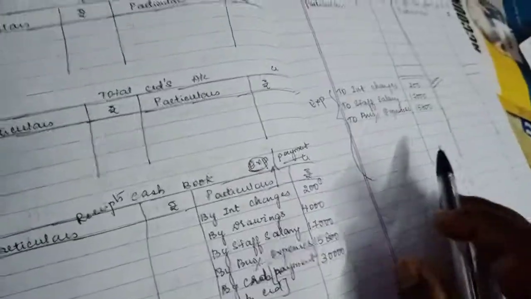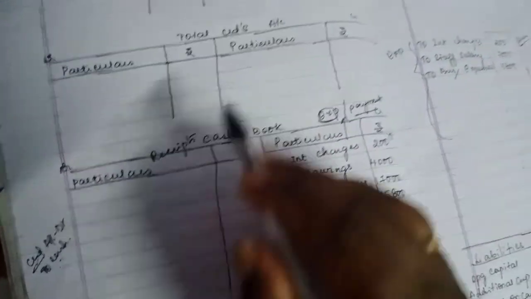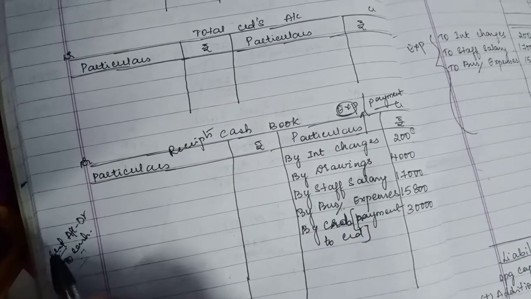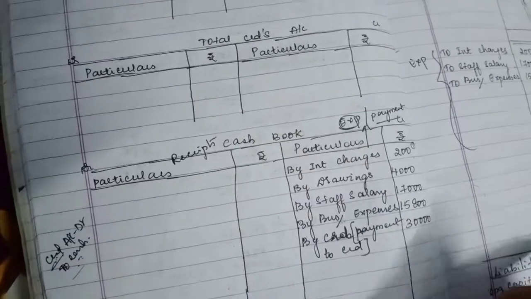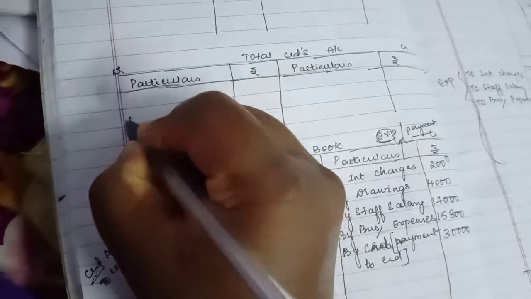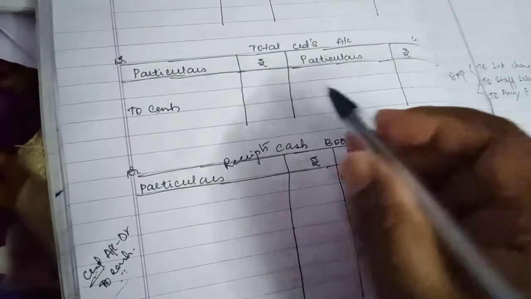Second entry, you should not take it to P&L. You should take it to creditor account, because in cash account you mention creditor name. In creditor account you should mention cash name. So go to total creditors account. There you mention to cash. First line I'm leaving. Why? Because for the opening and closing.